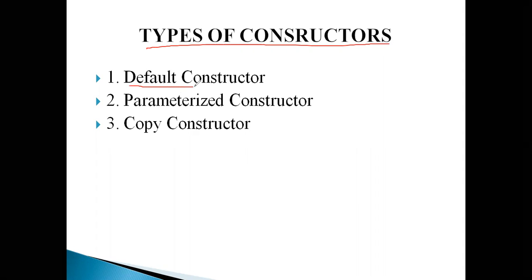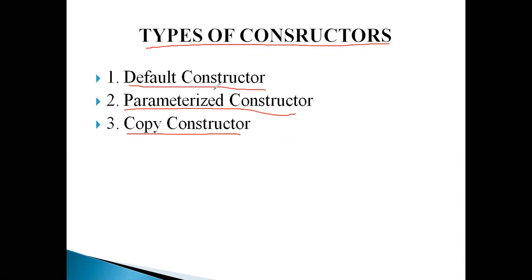One is the default constructor, one more is the parameterized constructor, and the last is the copy constructor. Now we'll go one by one. The default constructor is a constructor where we cannot pass any arguments.